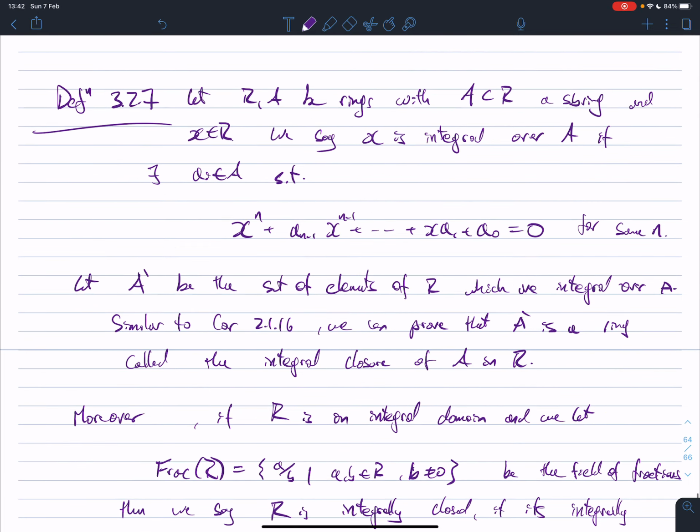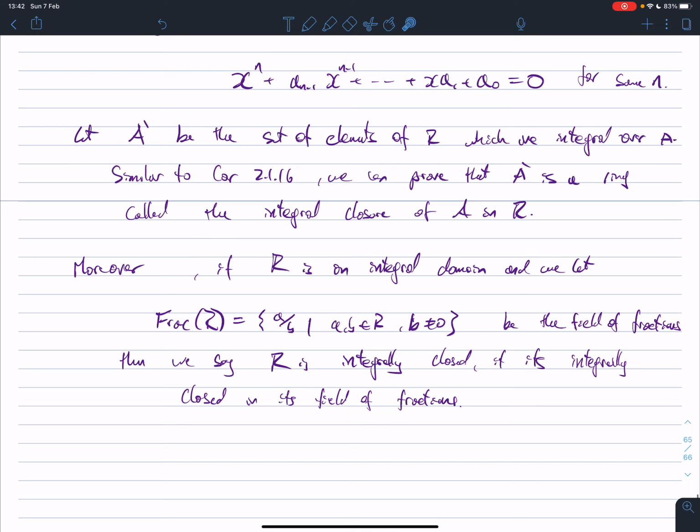So you can do this generally if you have two rings R and A and one is contained in the other, then you can talk about the integral closure of A in R, which we were calling A'. But if I don't specify what the integral closure is in, then it's assumed that I'm talking about the fraction field. Great.